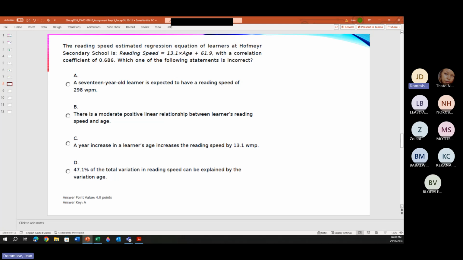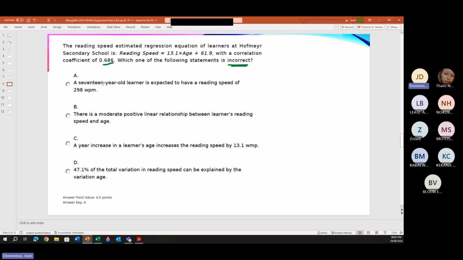The reading speed estimated regression equation of learners of my secondary school is reading speed equal to 13.1 times age plus 61.9, with a correlation coefficient of 0.686. Which one of the following statements is incorrect?